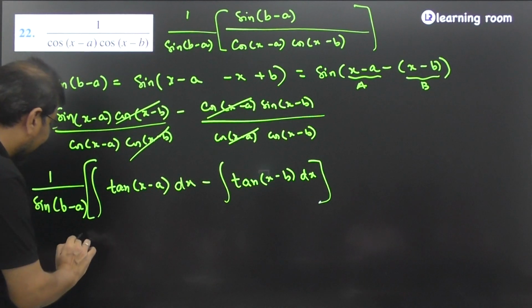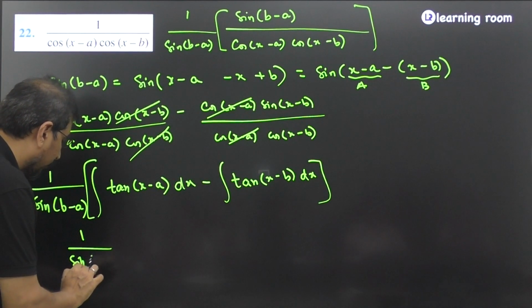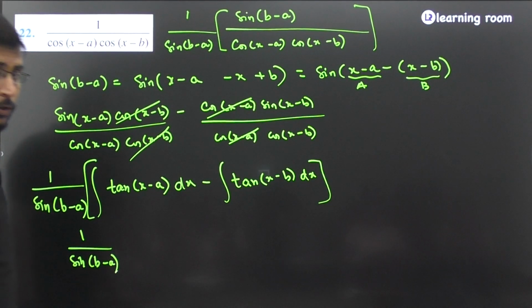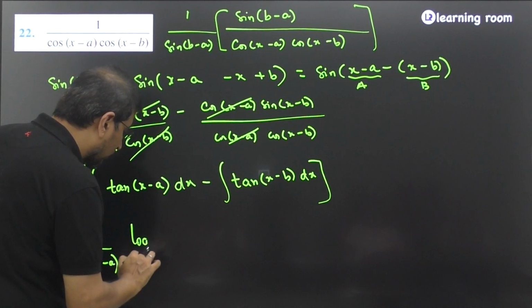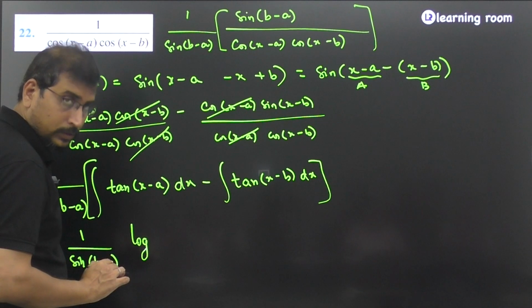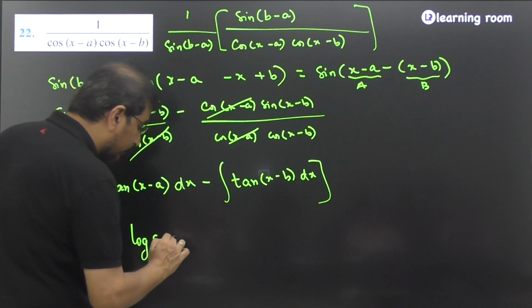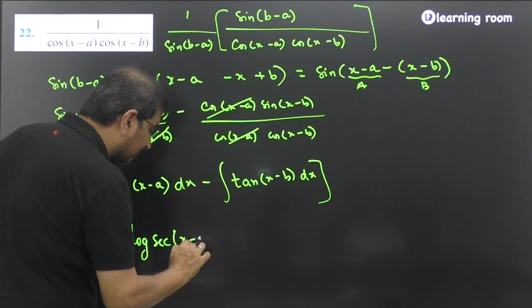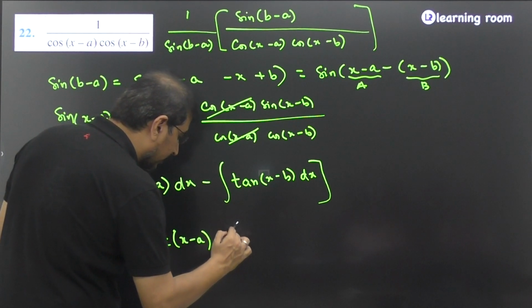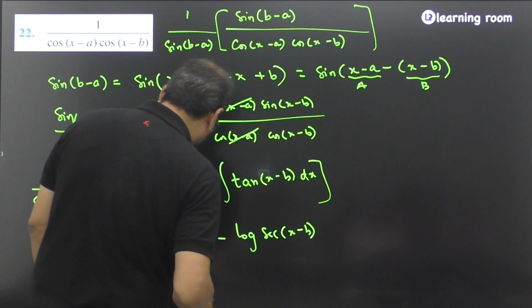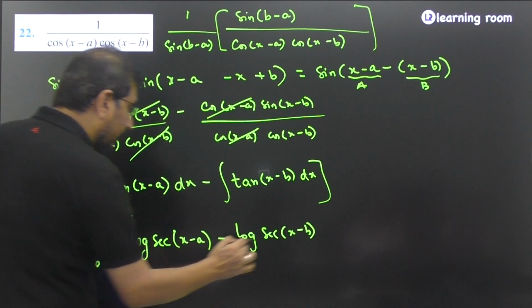So what will the answer be? 1 by sine of b minus a into, what is the integral of tan? Log of secant x minus a minus log of secant x minus b. So this is going to be inside the bracket.